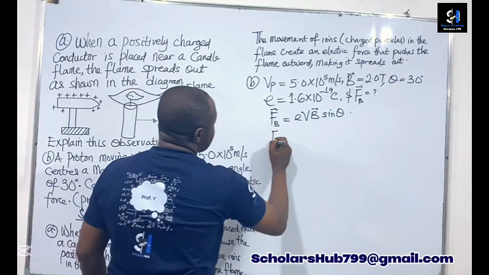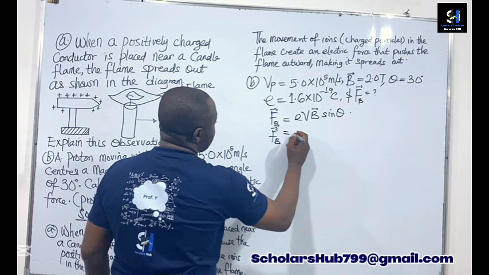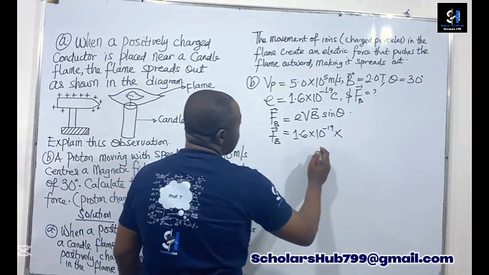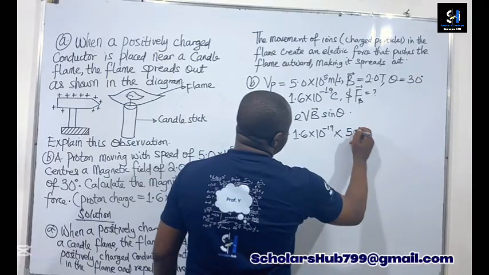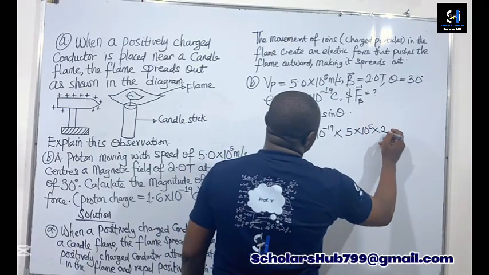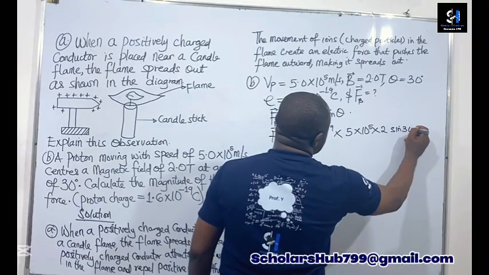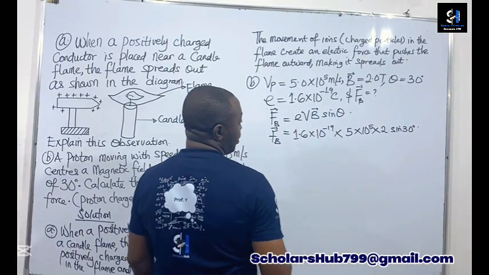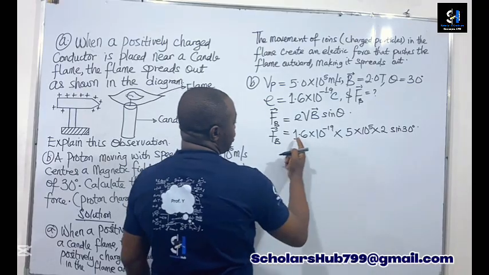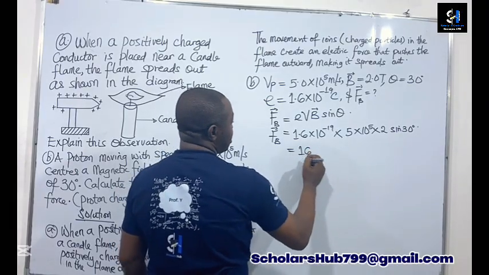So in this case, the magnetic force will be equal to 1.6 times 10 raised to the power of minus 19 multiplied by 5 times 10 raised to the power of 5, then multiplied by 2, then sine 30 degrees. 2 multiplied by 5, that's 10. 10 multiplied by 1.6, that will be 16.